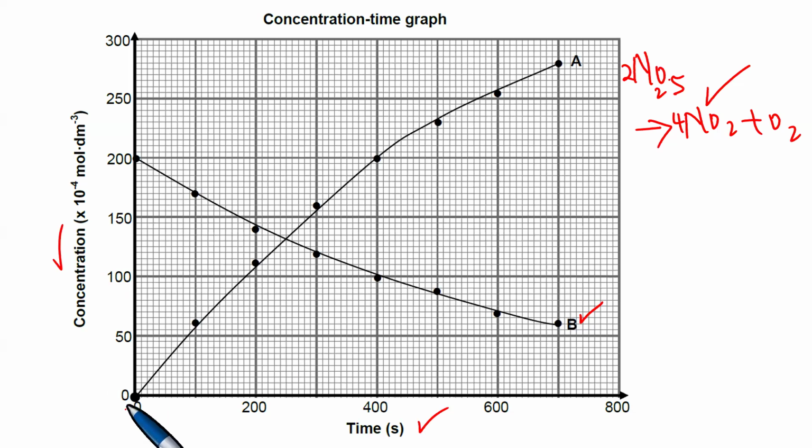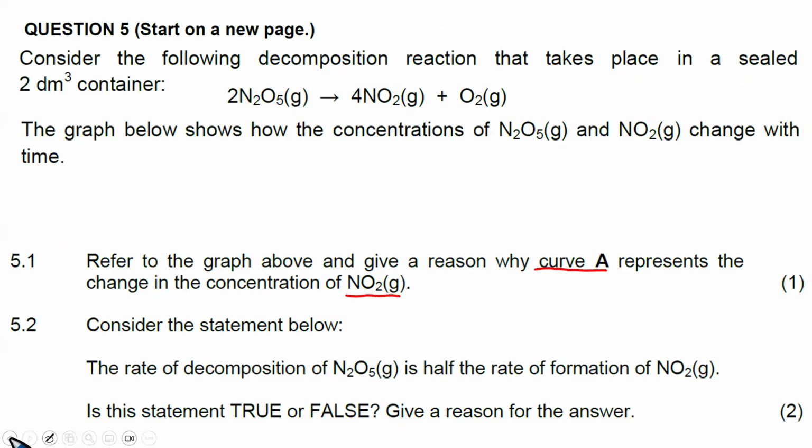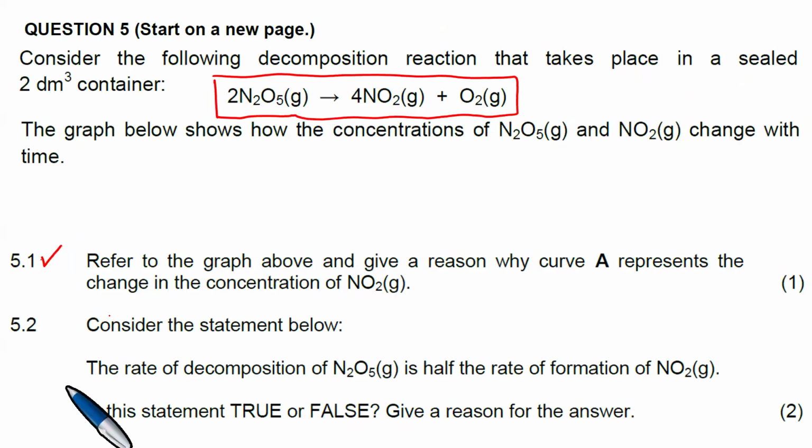Now we can see that the initial concentration is 0. Graph A starts from the origin, meaning in the beginning, we did not have the NO2. We did not have anything in terms of the products, of course, and therefore that would be the giveaway there.